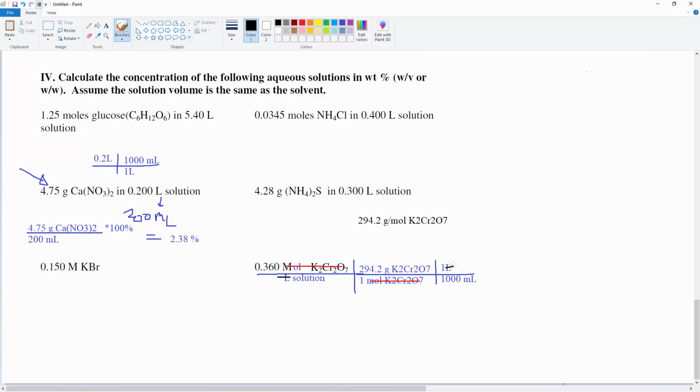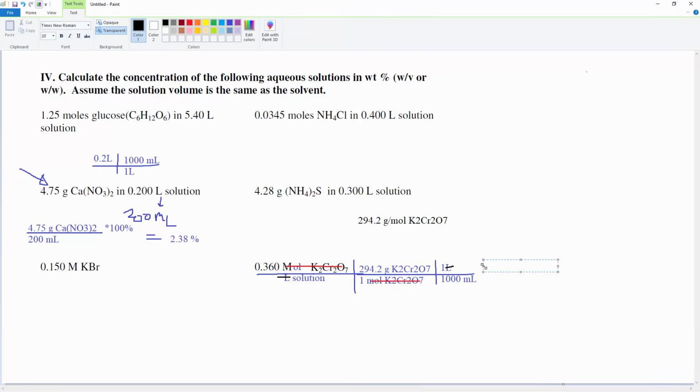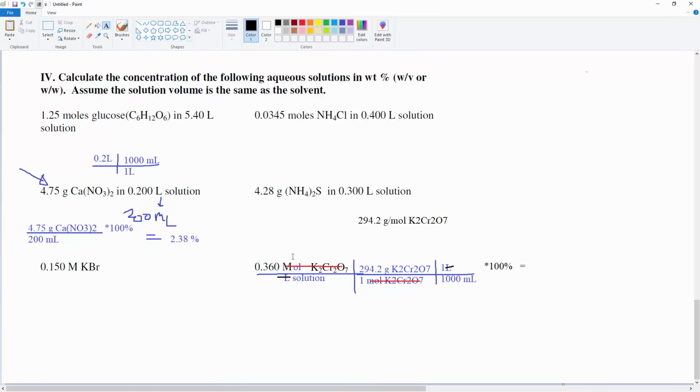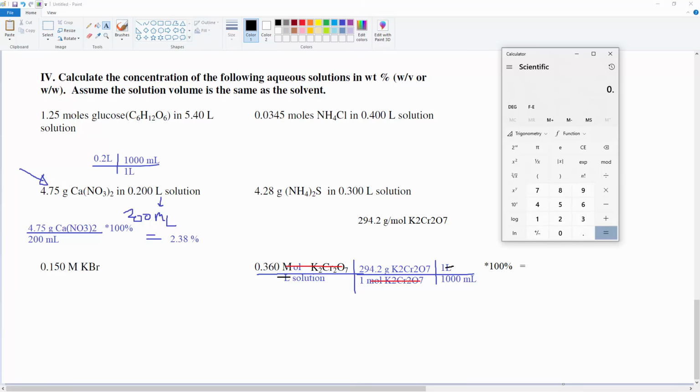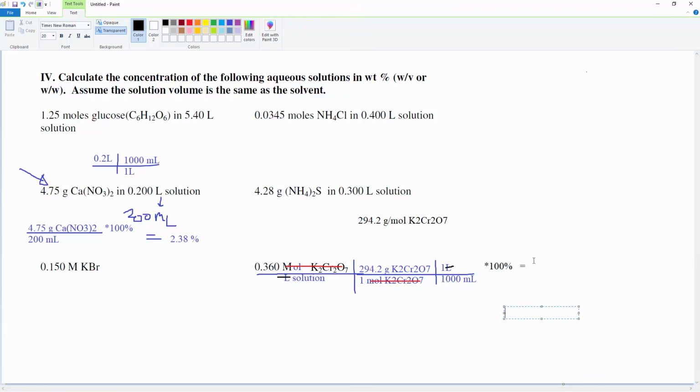All right, so now that I am in grams per milliliter, I can do the next step, which is to just multiply that by 100%. I'm flowing smoothly between doing dimensional analysis and plugging it into a formula. Hopefully that's not too intimidating. Times 100 gives 10.59%. You guys with me?